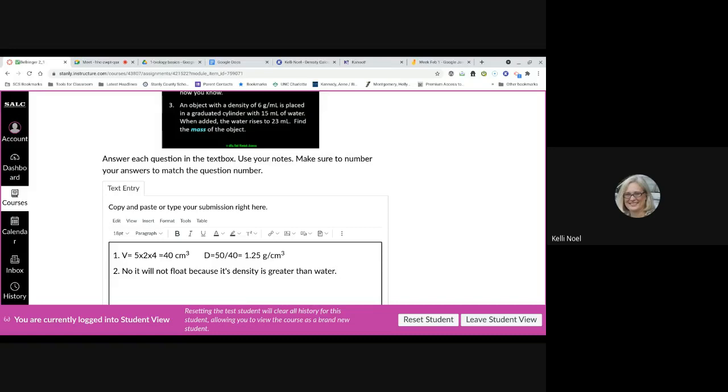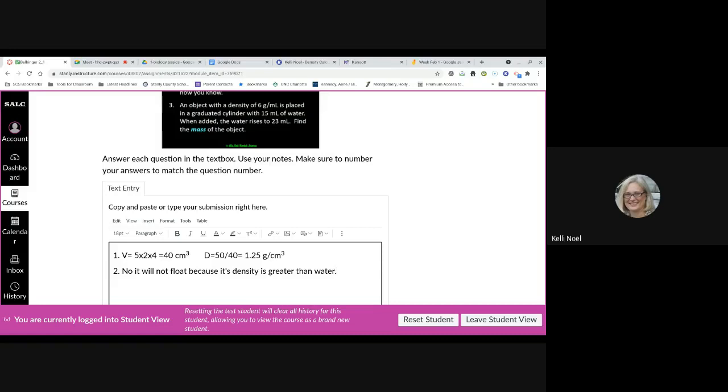Then I want to find mass. So if I come up here, it is density times volume. So mass equals, my density is 6 times my 8. That is 48, and it'll be grams. So what you're going to type in is kind of what I wrote there.